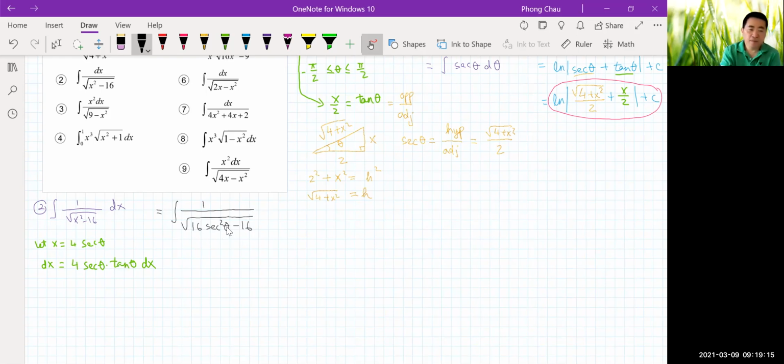Okay, and then from here, I can simplify. That's 1 over, you take the 16 out, you have 16 times secant squared theta minus 1.